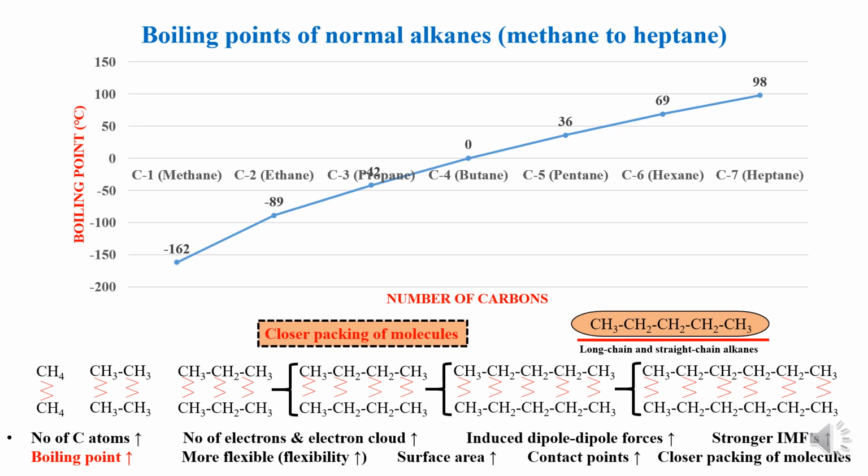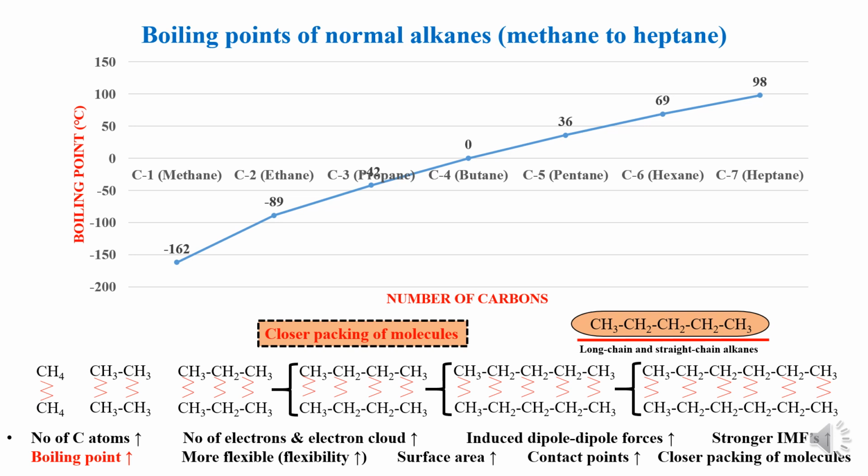So what you observe as you move from methane to heptane in the homologous series of alkanes is that the number of carbon atoms increases. As a result, the number of electrons in the electron cloud also increases. And this leads to an increase in the induced dipole-dipole forces.